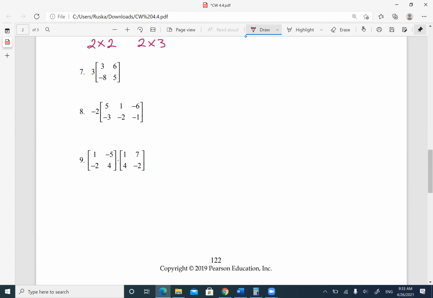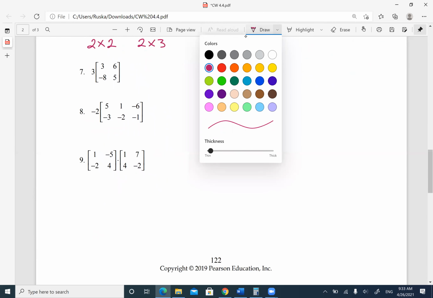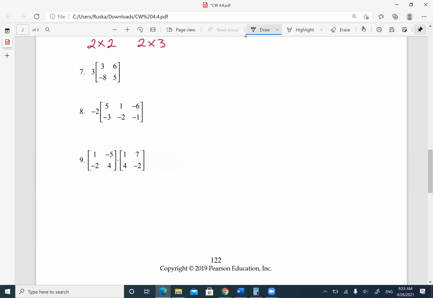Okay. So then you're going to number 7 and 8, multiplying a matrix by a constant, by a number. So when you multiply any matrix by any number, you're just gonna multiply that number by all the numbers inside. Okay. So here multiplying 3 by, the dimension of the matrix doesn't matter because you're gonna multiply 3, the number in front, by everything inside.